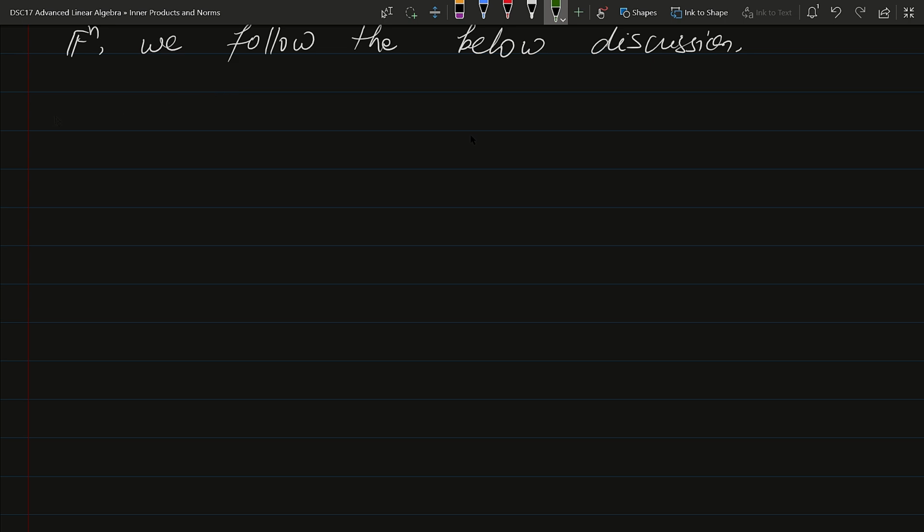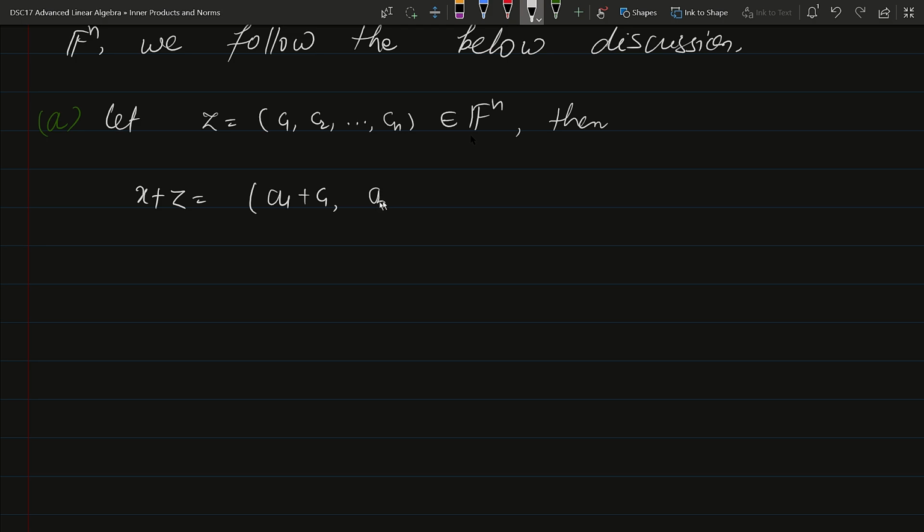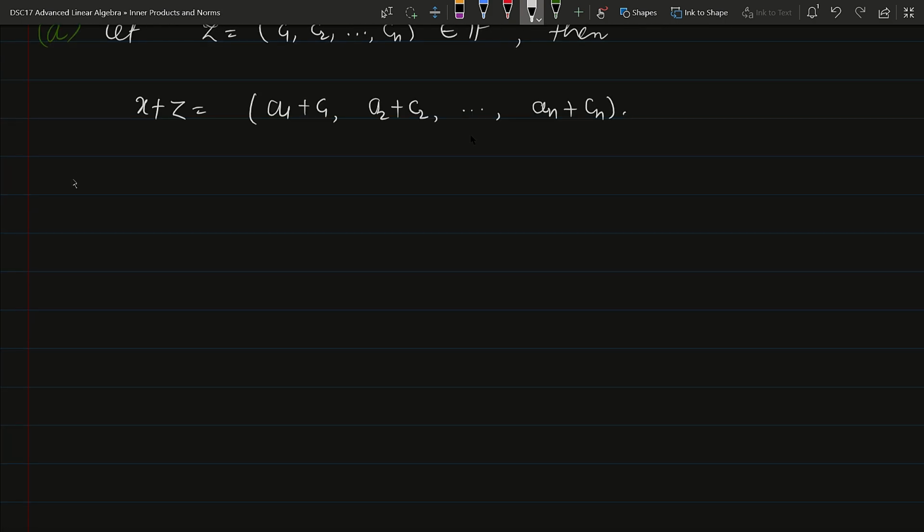In the first one we need to write an extra element. So let z equal to c1, c2 and so on cn be an element in F^n. Okay, then we know the addition in n-tuple, so x plus z will look like a1 plus c1, a2 plus c2, component-wise addition, right? So on we have an plus cn. Okay, so if we have the addition, so we can write x plus z comma y. The same, हमने कैसे लिखना है इसको?